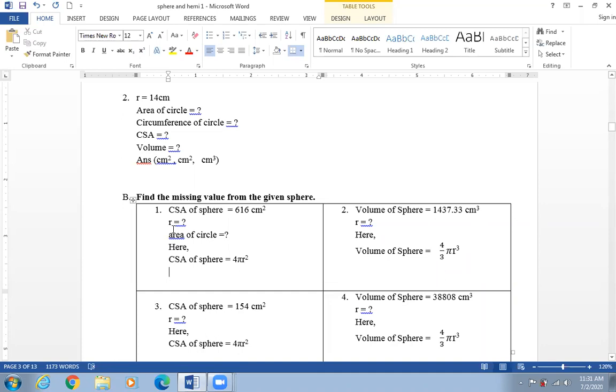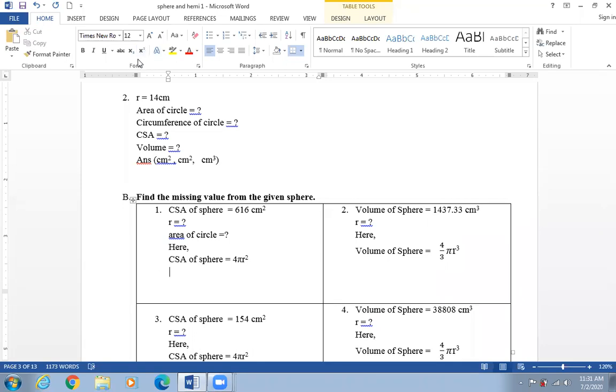So from this formula we can find out the value of radius from CSA of sphere. CSA of sphere is 616. Let us use the formula now. CSA of sphere equals to 4 pi r square.